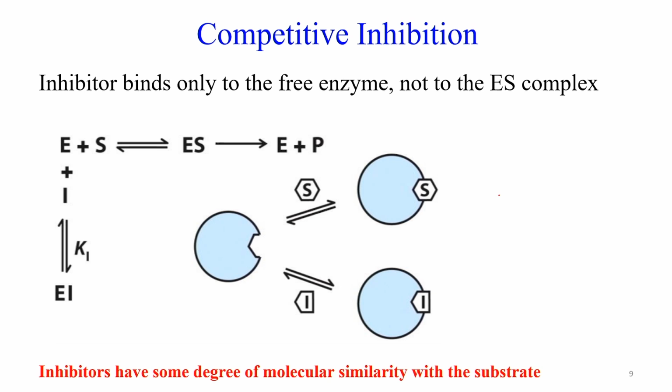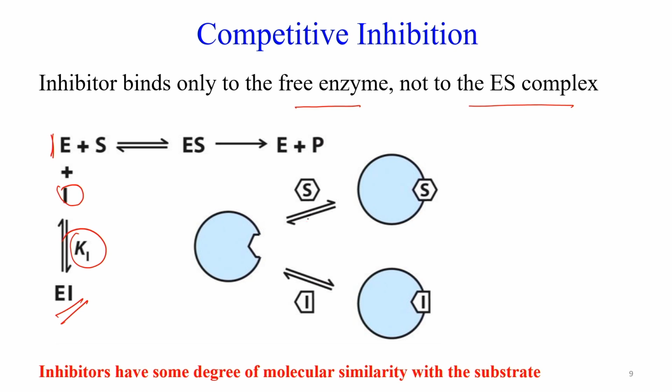So, in the case of competitive inhibition, inhibitors bind only to the free enzyme, not to the enzyme substrate complex. You just see the inhibitor binding with the enzyme and forming an enzyme inhibitor complex with dissociation constant Ki. Now, how is it able to bind?